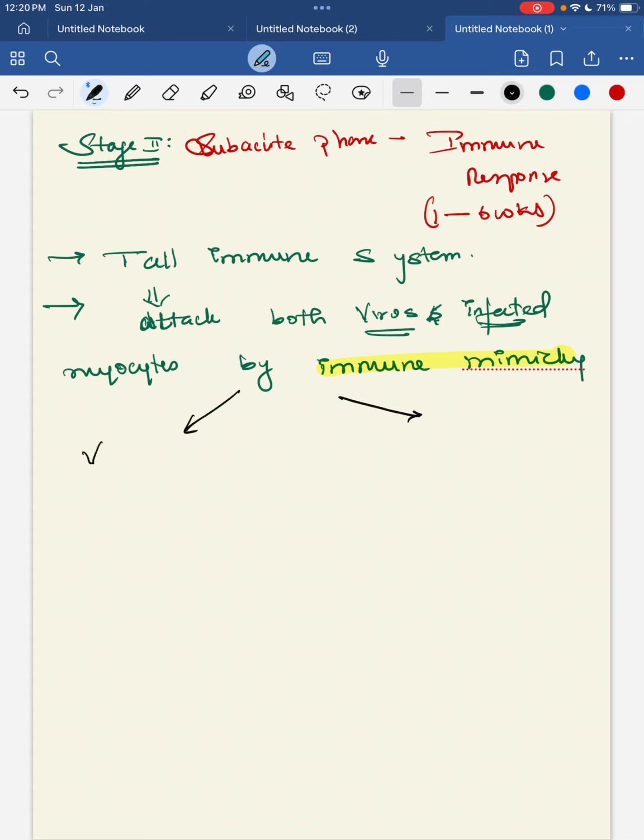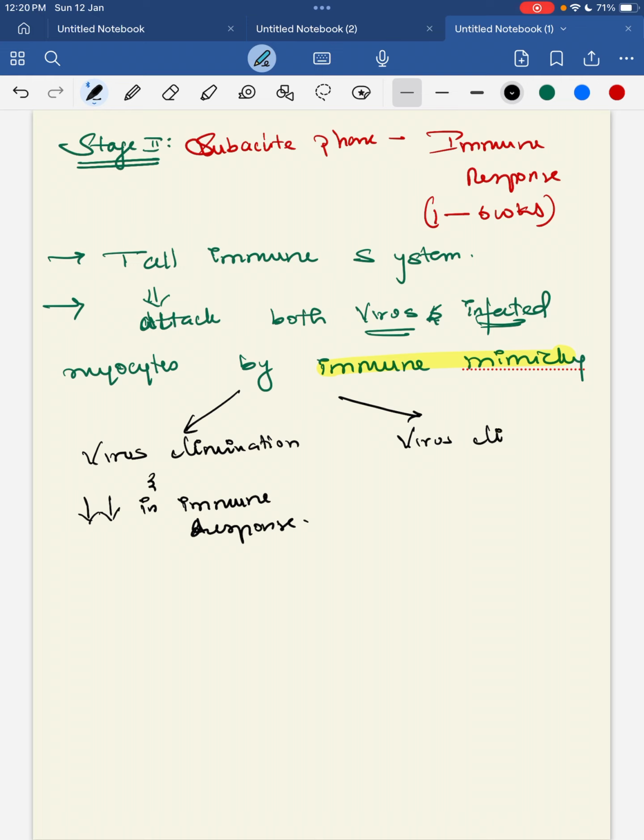Or there can be virus elimination and presence of an immune response, that is an ongoing inflammation will also be present.